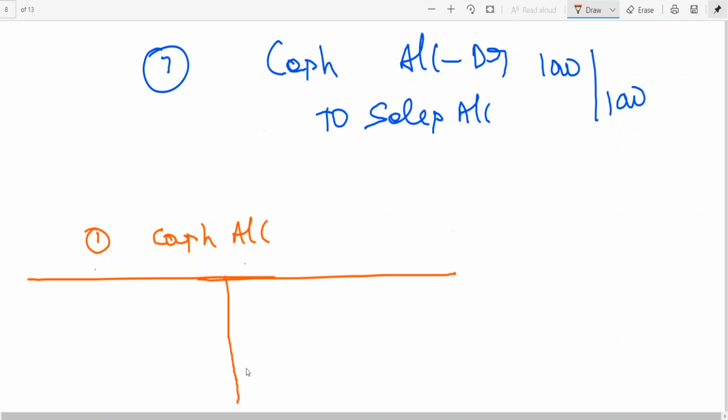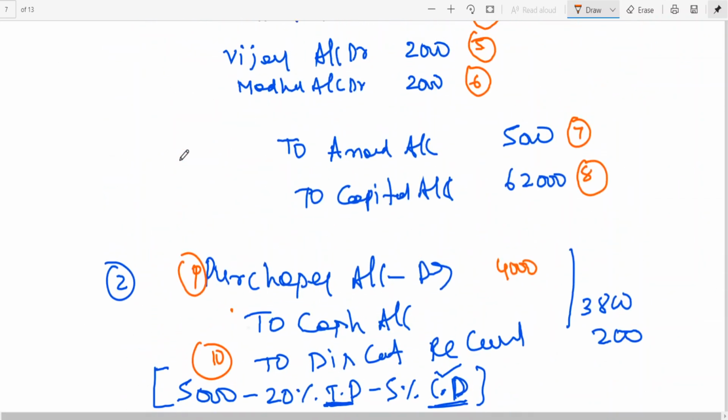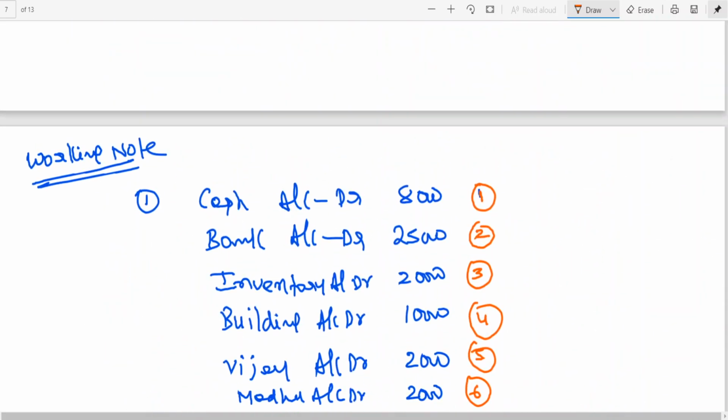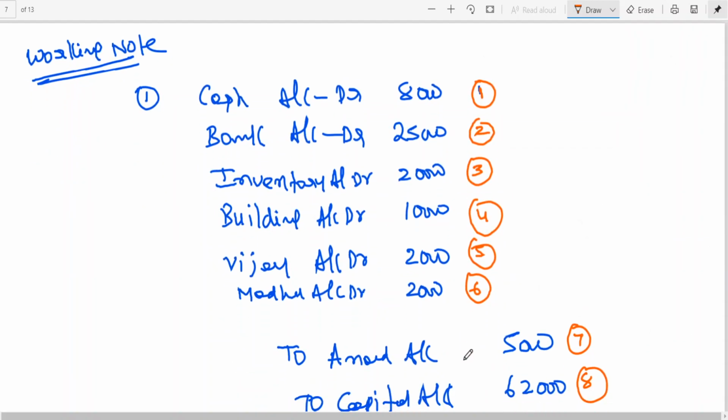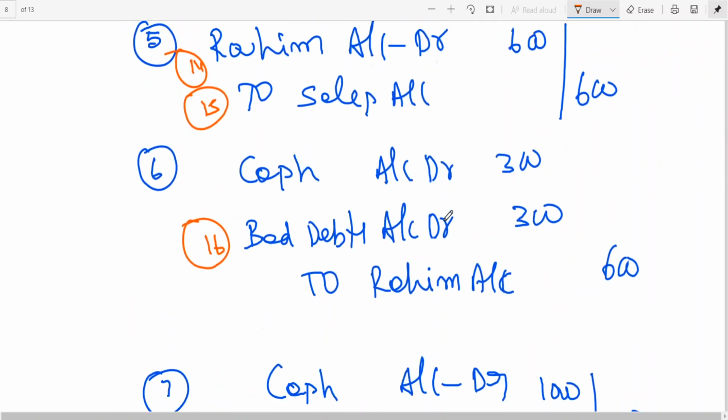There are two ways of doing this ledger account. First, I open the cash account, then I see all the transactions relating to cash, and complete the cash related activities first in the cash account, then the second account. That is a very long, lengthy process. Instead, we can first open all the accounts at a time, but space management is the key.